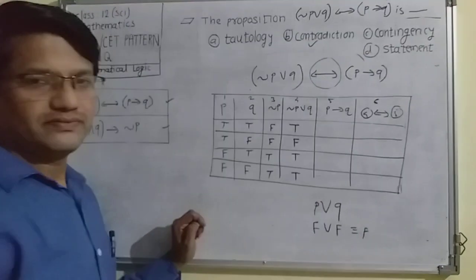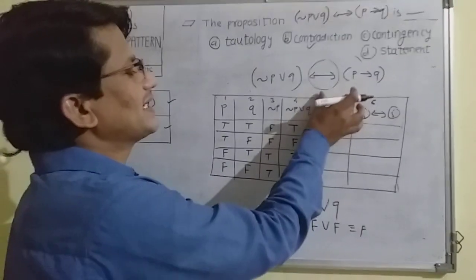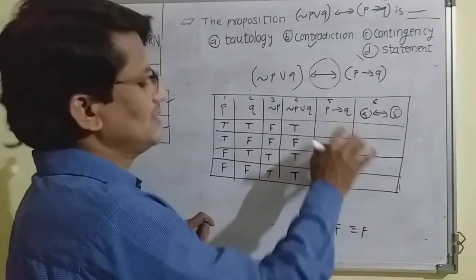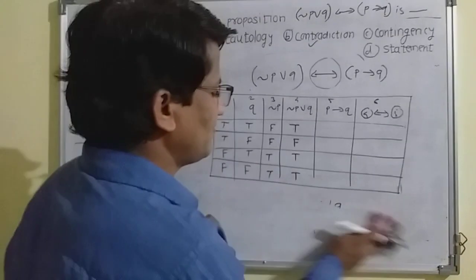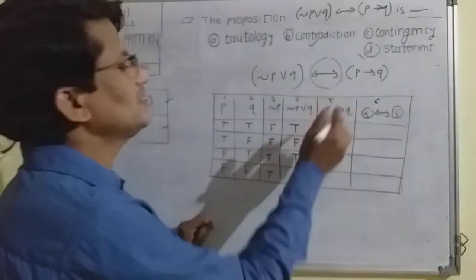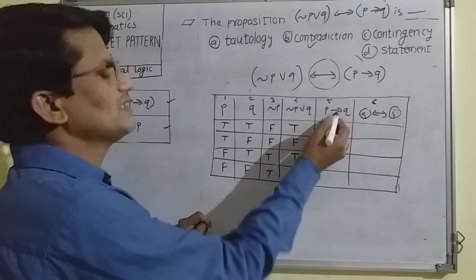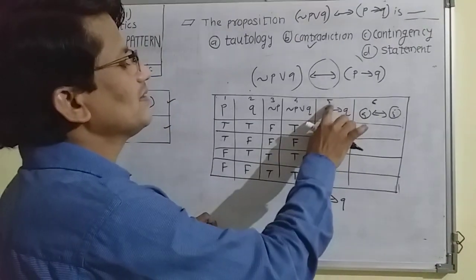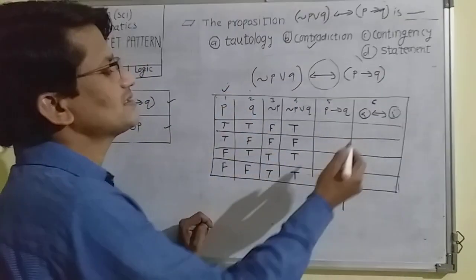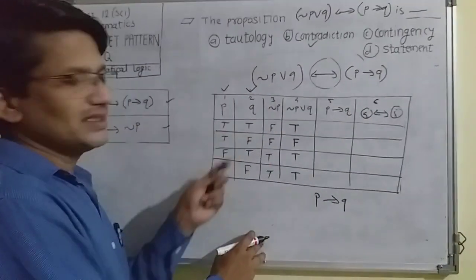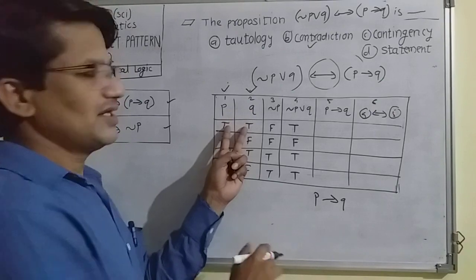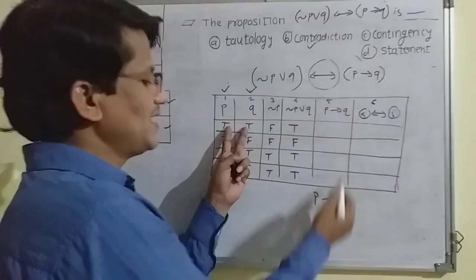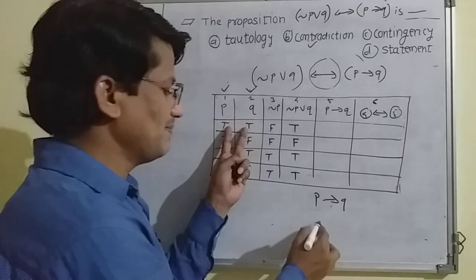Okay. Now go to vertical column number 5. What is vertical column number 5 here? P implies Q. P means column number first, Q column number second. Now apply implies. What is the rule for implies?